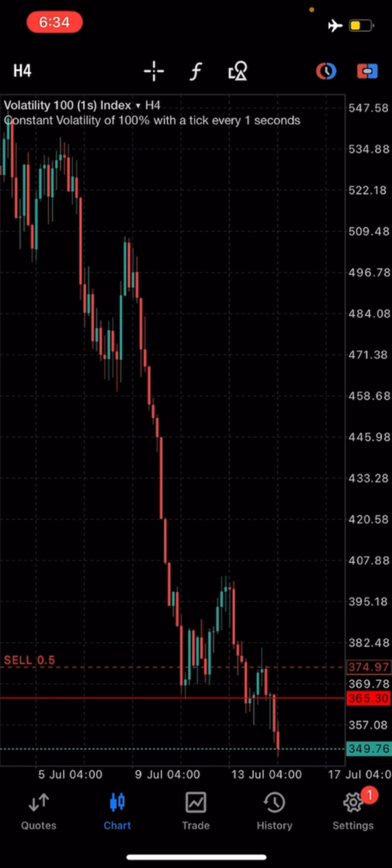For example, you might go to your lower time frame and see that the market is bullish. But when you check the higher time frame, maybe the 4-hour or the daily, you realize the market is not bullish, rather it is bearish.